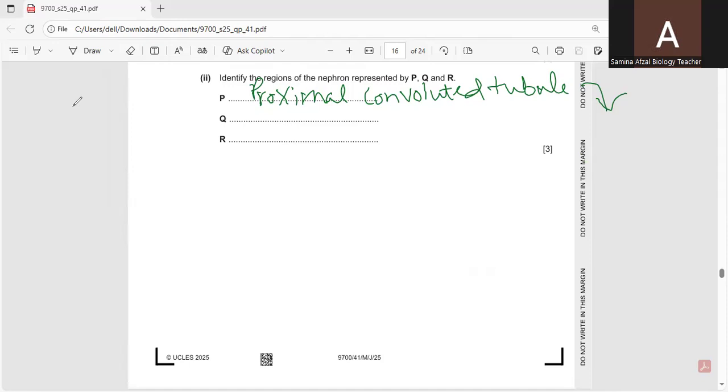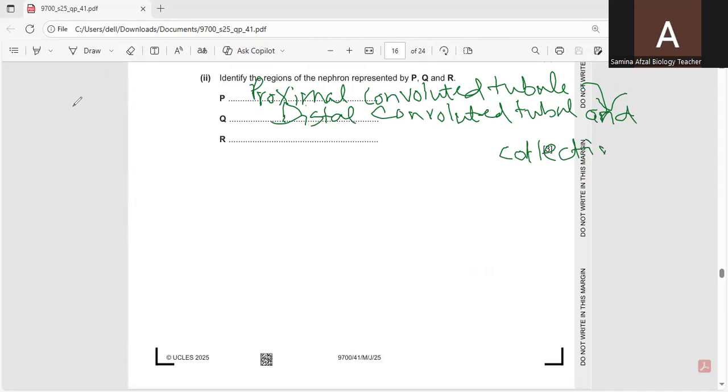So this process occurs in the distal convoluted tubule and collecting ducts. So the water reabsorption takes place in both parts of this nephron.